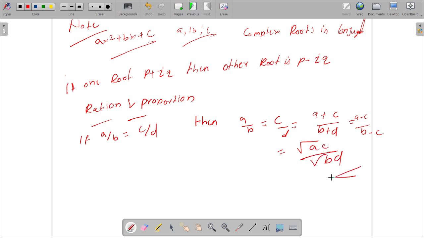Okay, no? So just a small division thing, yeah? And it may be compound also.